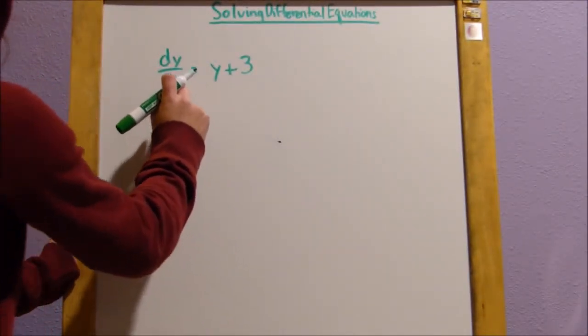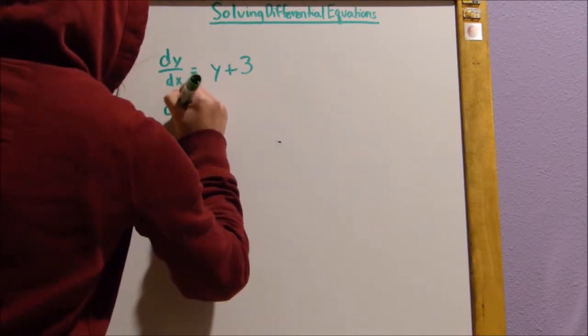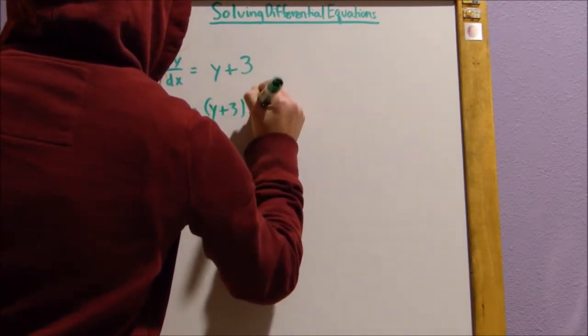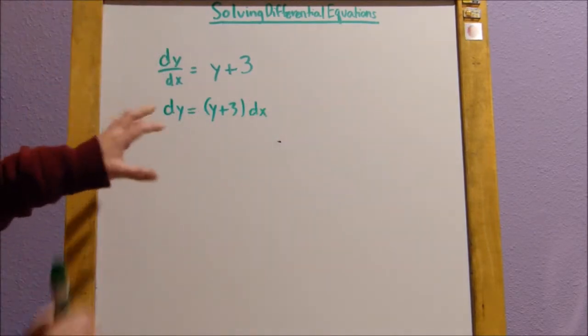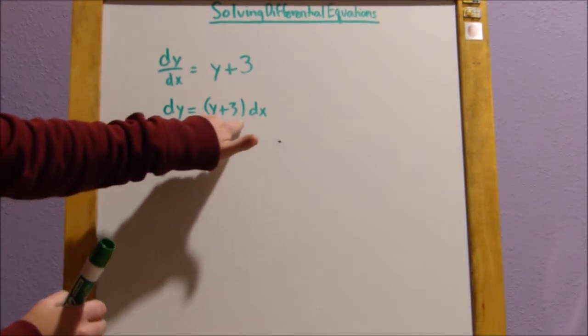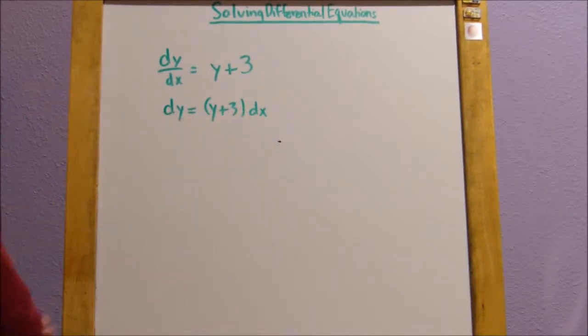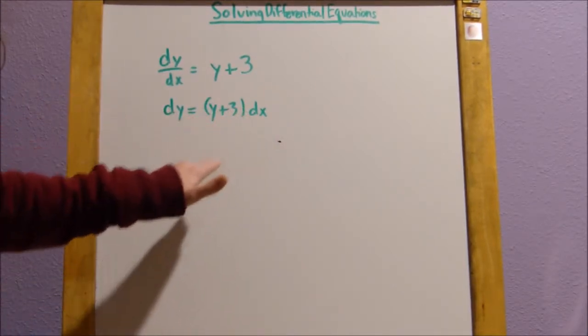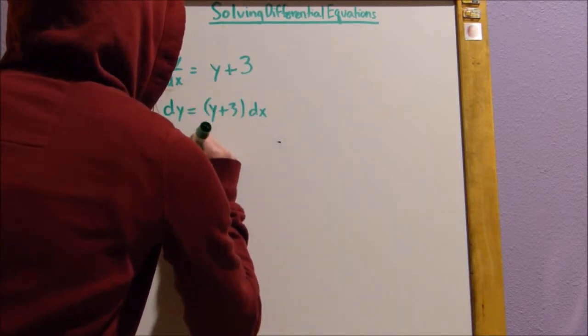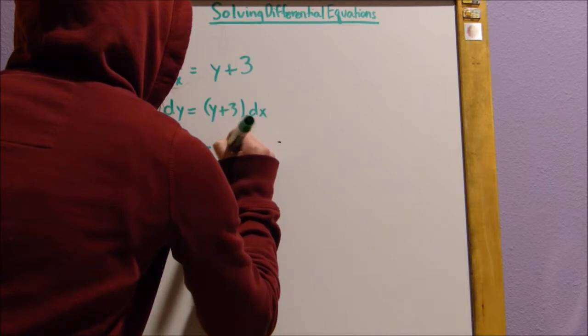So I multiply by dx. So dy equals y plus 3 dx. But in this problem, you have to move the y over. But you also have to move y plus 3, because you can't just divide by y, because it just doesn't work that way. So you get dy divided by y plus 3 equals dx.